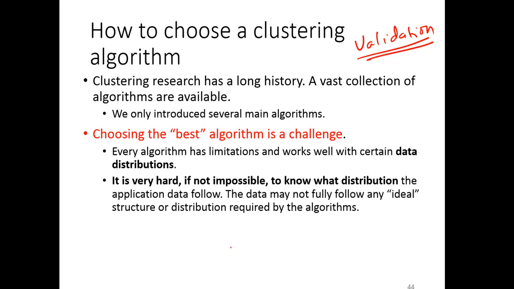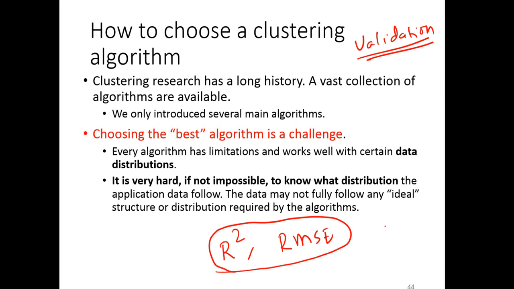Like if you're using linear regression, you can calculate R square and root mean square error, and then compare across different algorithms and see which one gives the least mean square error or the maximum R square value. Whereas in clustering, we do not have labeled data. We cannot compare with the actual segments or actual clusters because we do not know what these clusters are. So choosing the best algorithm is always a challenge.